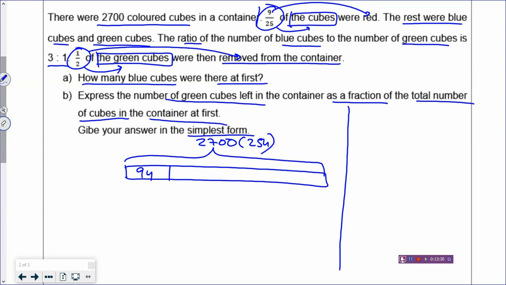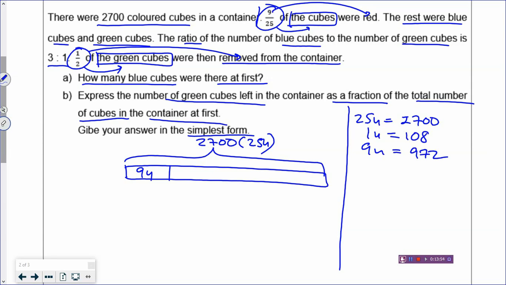For example, you can see that your 25 units is 2,700. So your 2,700 is a very important number, right? So you find 1 unit, you divide by 25, and you get 108. And then you can find how many red, which is 9 units. So 108 times 9, and you get 972.